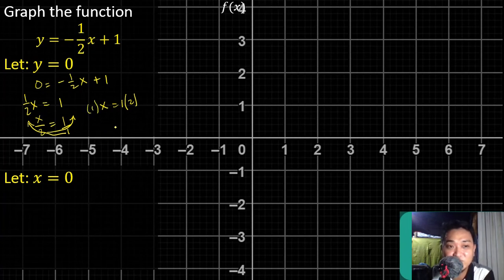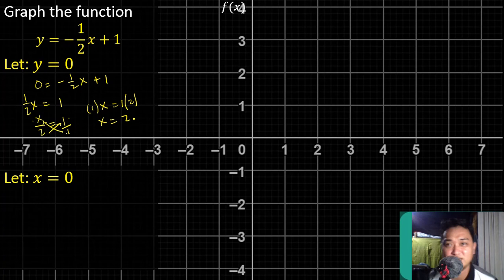Ganun pag nagko-cross multiply tayo. So, 1 times x is just x. And 2 times 1 is 2.